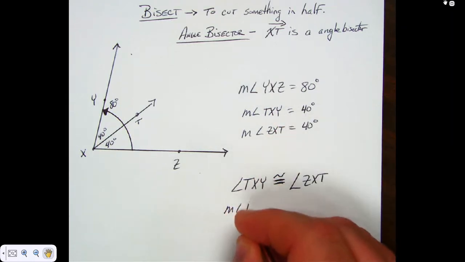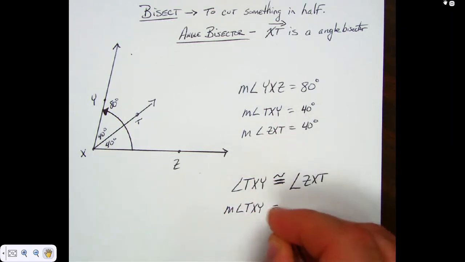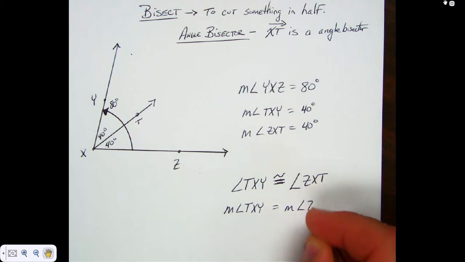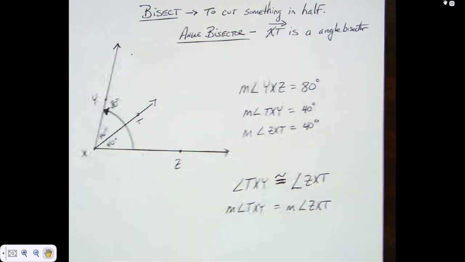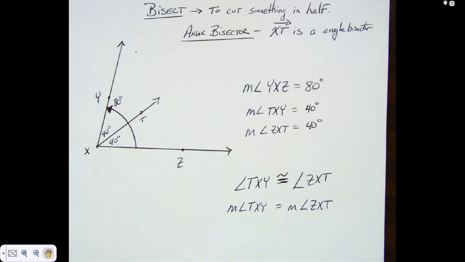The measure of angle what? TXY is equal to the measure of angle what? ZXT. See the difference? Because what is the measure of angle TXY? What's the measure of angle ZXT? Is 40 the exact same thing as 40? That's why you can say equal here.